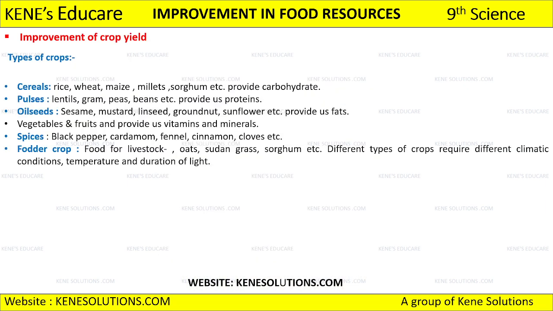After this introduction, we discussed the improvement of the crop yield, and under this we discussed the types of crops that we have, along with the examples of each and every type of crop, right? So we started with cereals, pulses, oil seeds, spices, fodder crop. These are the different types of crops that we have, and we have the examples of each and every crop that we have, right?